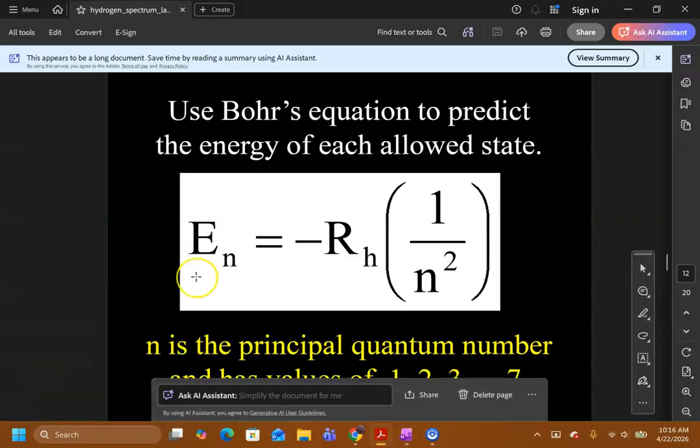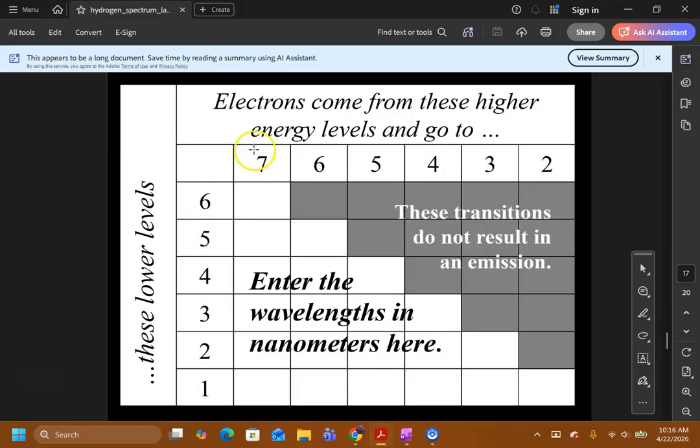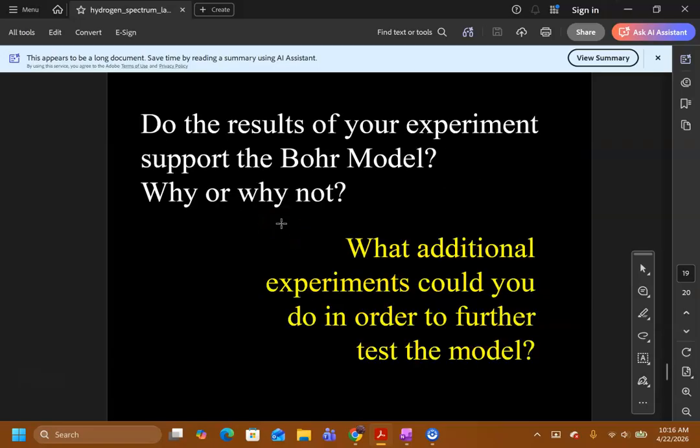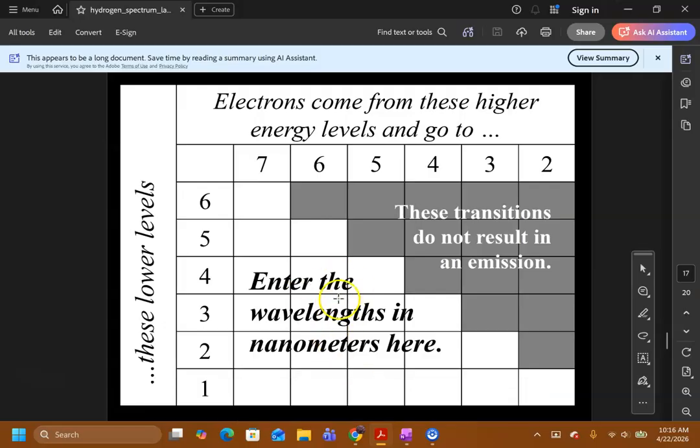Glancing through this, you'll see how the charts are filled in here, and this is going to be the final thing that you do. You'll have the energies that are expressed, and then you'll also have the other table, which is where you put your wavelengths in once you calculate those. Notice that the blacked out cells here we don't fill in, because with 6 to 6 or 5 to 5 there's no transition there.